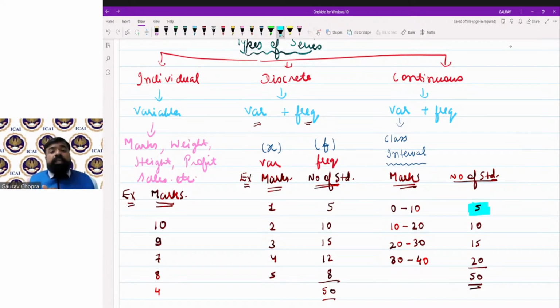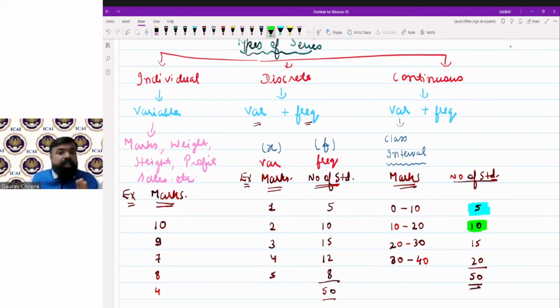नाउ क्या हम एग्जैक्टली ये बता सकते हैं कि इनके मार्क्स कितने हैं? लाइक दे आर स्कोरिंग 2 मार्क्स और 7 मार्क्स और 9 मार्क्स. क्या हम ऐसा बता सकते हैं? आंसर इज नो. बट वी नो दैट these 5 students have scored between 0 and 10. Similarly, these 10 students have scored marks between 10 to 20.